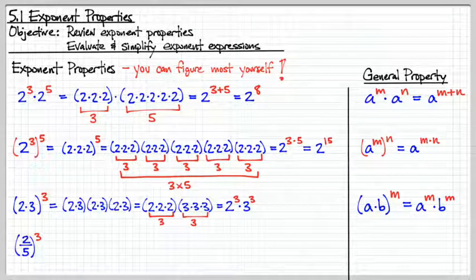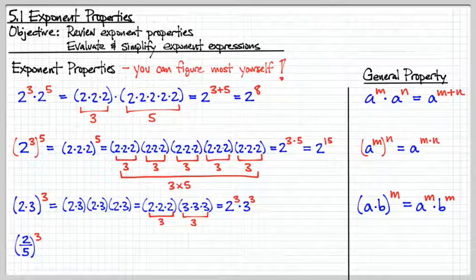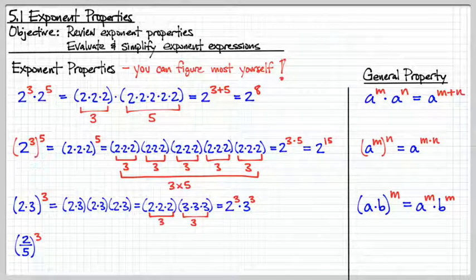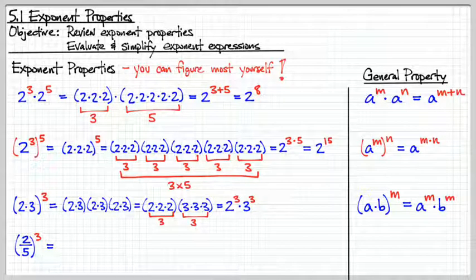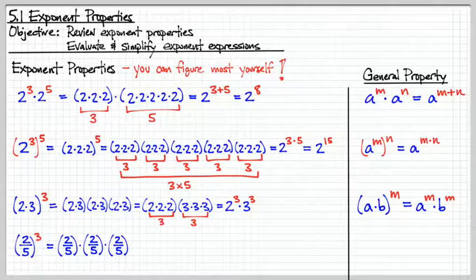Now, we learned earlier that division and multiplication are very, very similar. In fact, division is multiplication of the reciprocal, so we should find very similar properties here. And indeed, that's what we find. If we expand this out, we have 2/5 to the 3rd power. We just multiply it 3 times against itself.